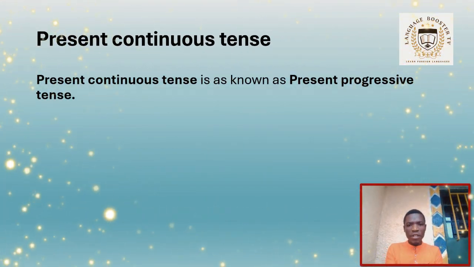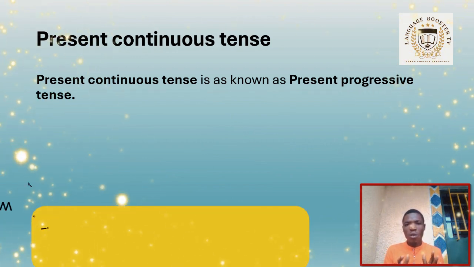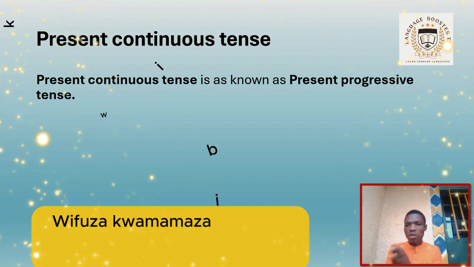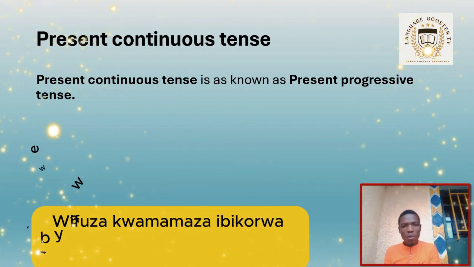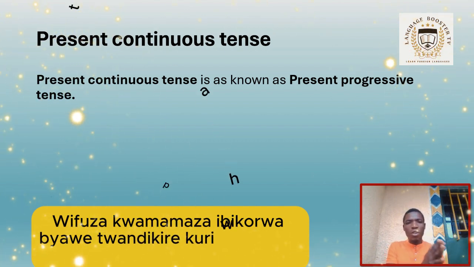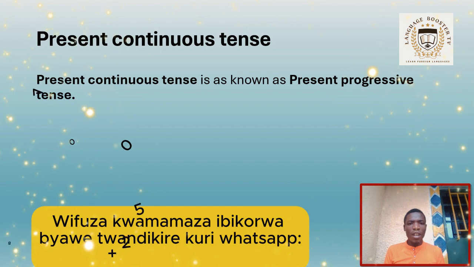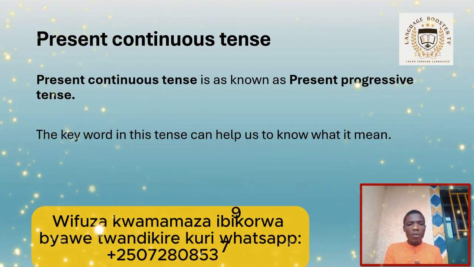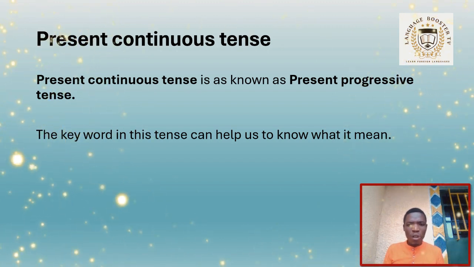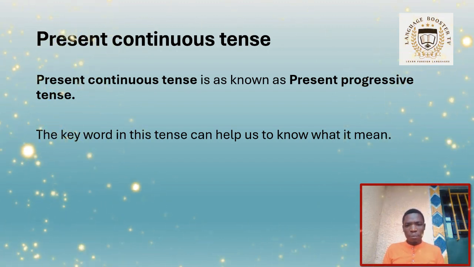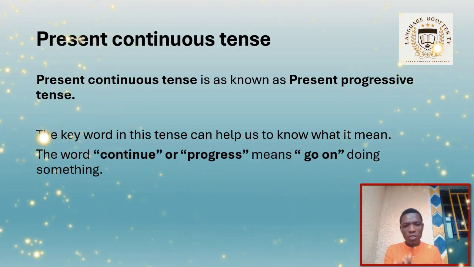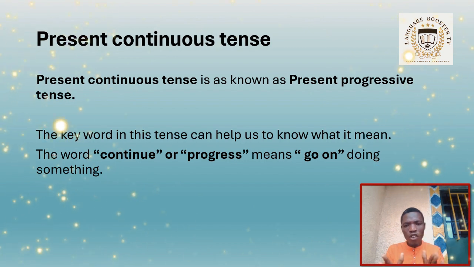Let us start. Present continuous tense is also called present progressive tense. Continuous is similar to progressive. Present continuous means present progressive tense. Let us try to understand the keywords from this tense. The keywords, the first one is the word continue or progress.